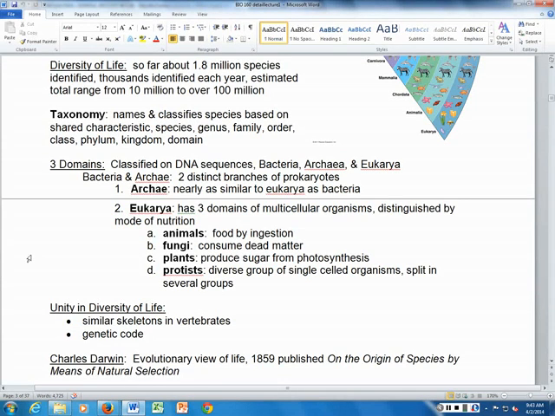And then you've got your protists, which are single-celled, in the subdivisions. Animals get their food by ingestion. Fungi consume dead matter. Plants do photosynthesis. And the protists do a variety of things, but they're single-celled organisms.